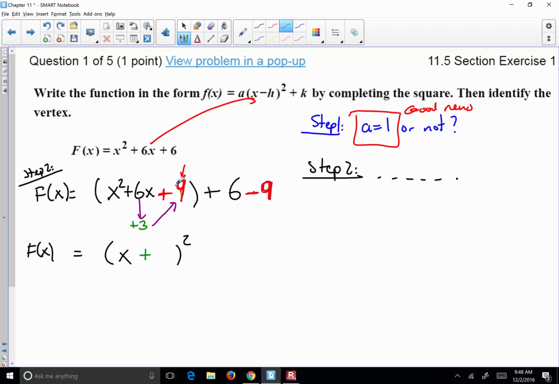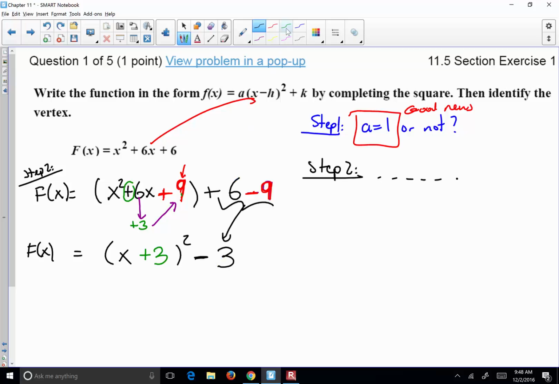Square root of 9 is plus minus 3, but we go with the sign in the middle, which is positive 3. Okay? Now what is this? 6 take away 9 is minus 3. Alright, mission accomplished, you're done.